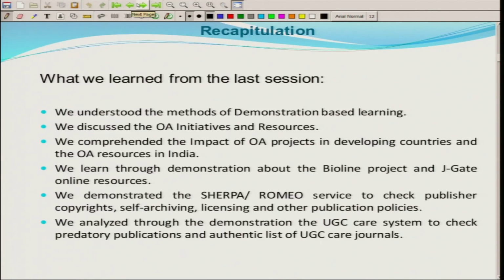Then we also demonstrated the Sherpa Romeo online service to check publisher copyrights, self-archiving rights, licensing and other publication policies. In the end, we analyzed through demonstration the UGC CARE system to check predatory publications, and we also briefly understood the two groups of the CARE journals.